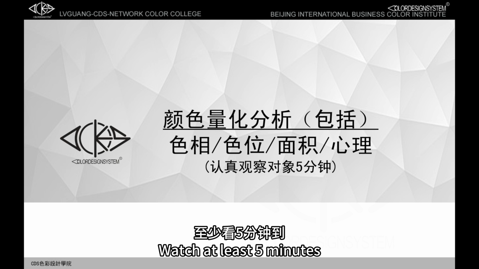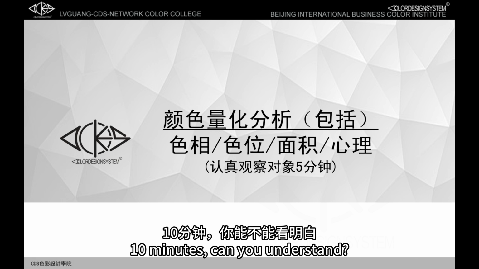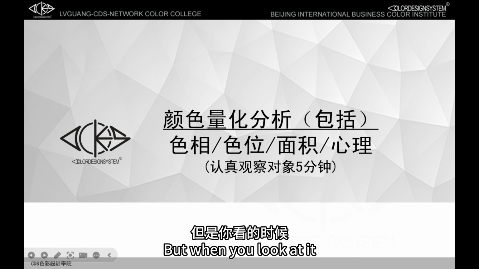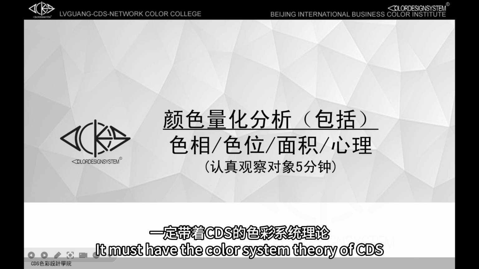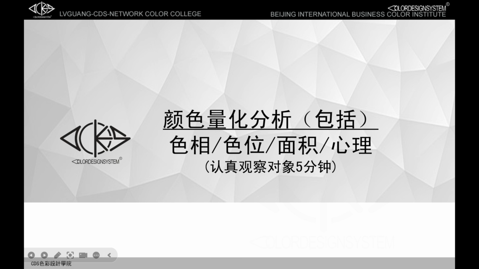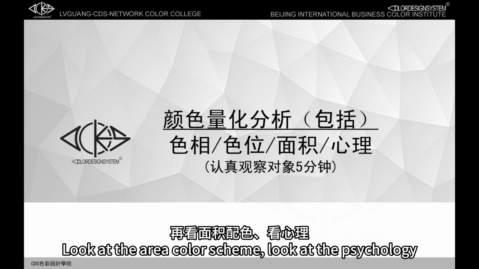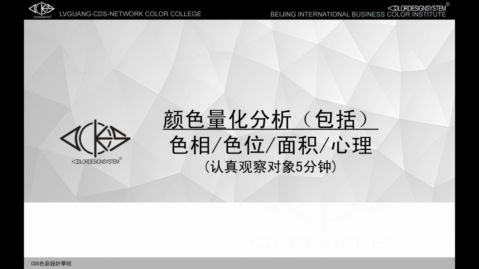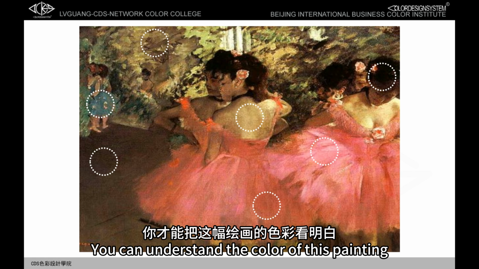Watch at least 5 minutes, 10 minutes, can you understand? But when you look at it, you must have the CDS color system theory. Look at the hue, the color position, the area color scheme, and the psychology. Then you can understand the color of this painting.